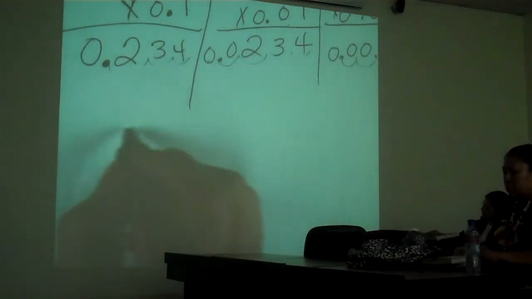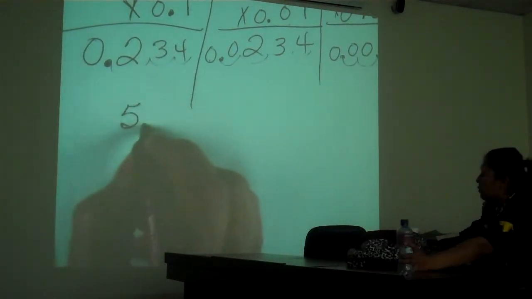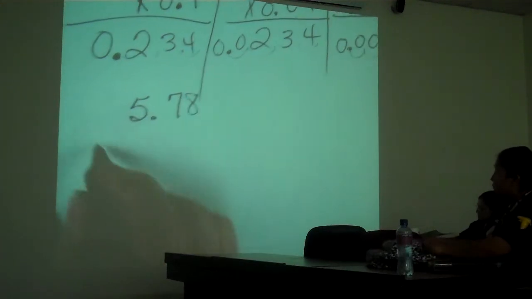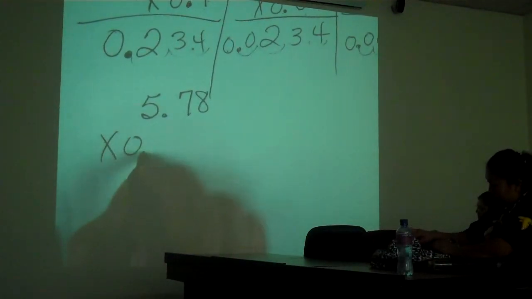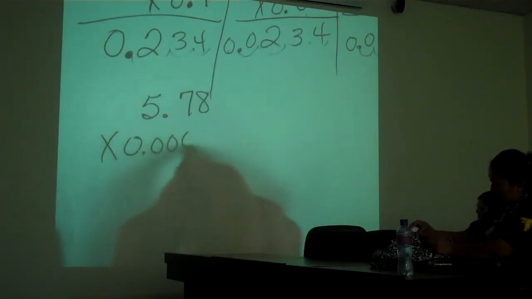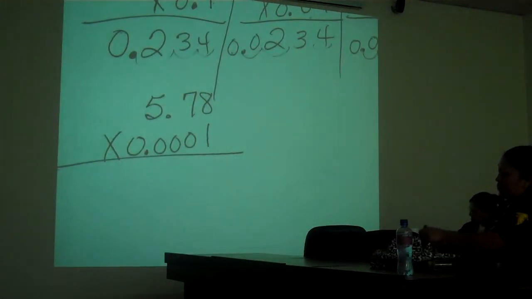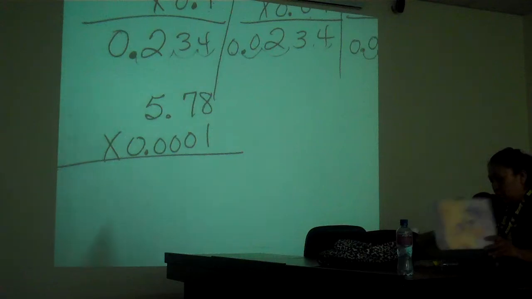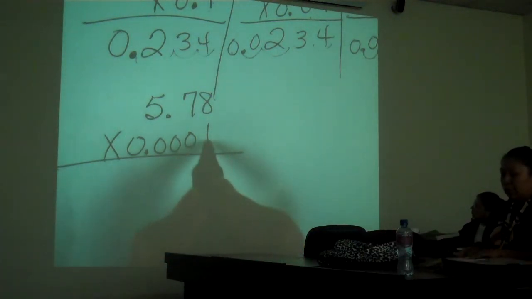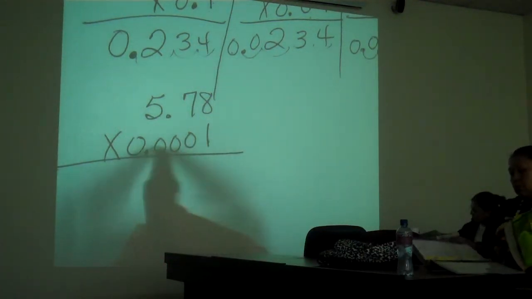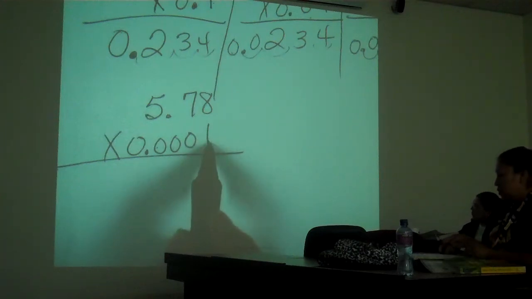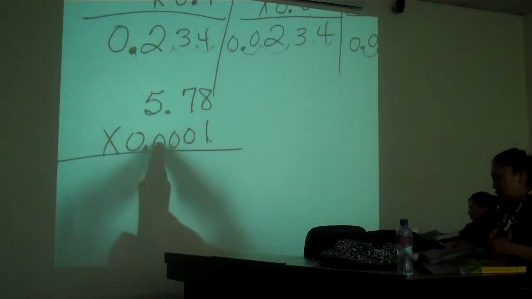So what you do is you take the number, let's take a different number, 5.78. Say we're going to multiply it times 0.0001. Okay, even counting the 1, count how many numbers here are behind the decimal. 1, 2, 3, 4.